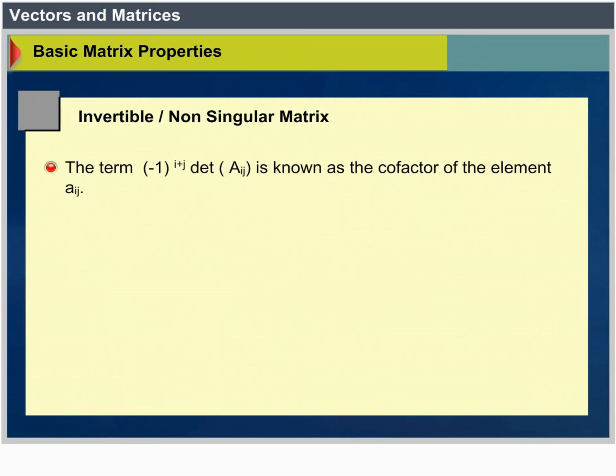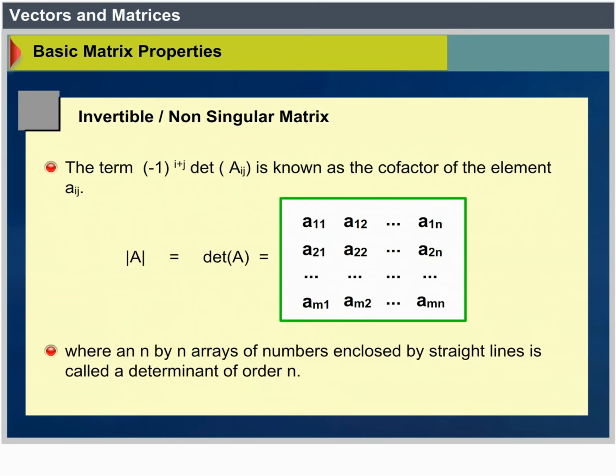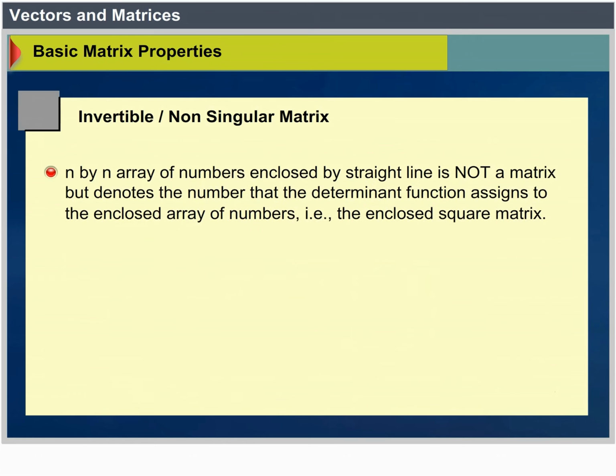The modulus of A, the determinant of A, is shown here, where an n by n array of numbers enclosed by straight lines is called a determinant of order n. An n by n array of numbers enclosed by straight lines is not a matrix but denotes the number that the determinant function assigns to the enclosed array of numbers, that is, the enclosed square matrix.